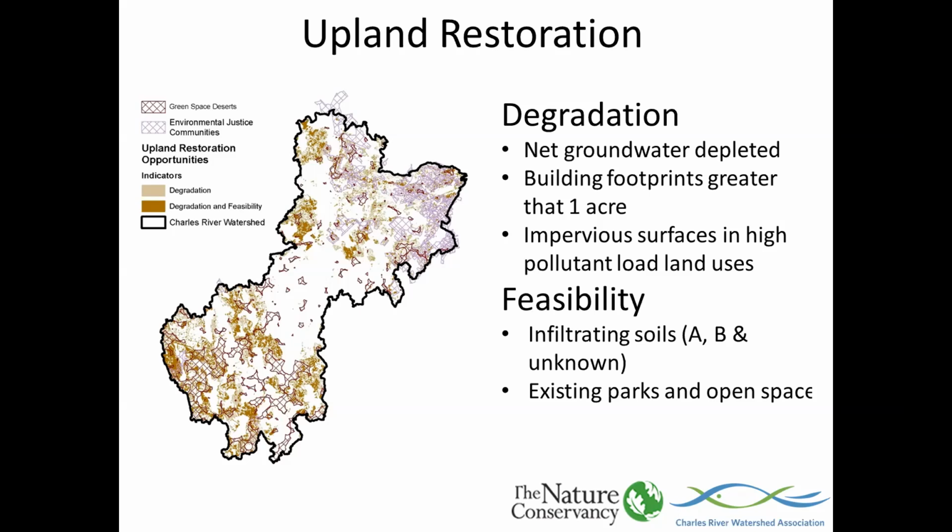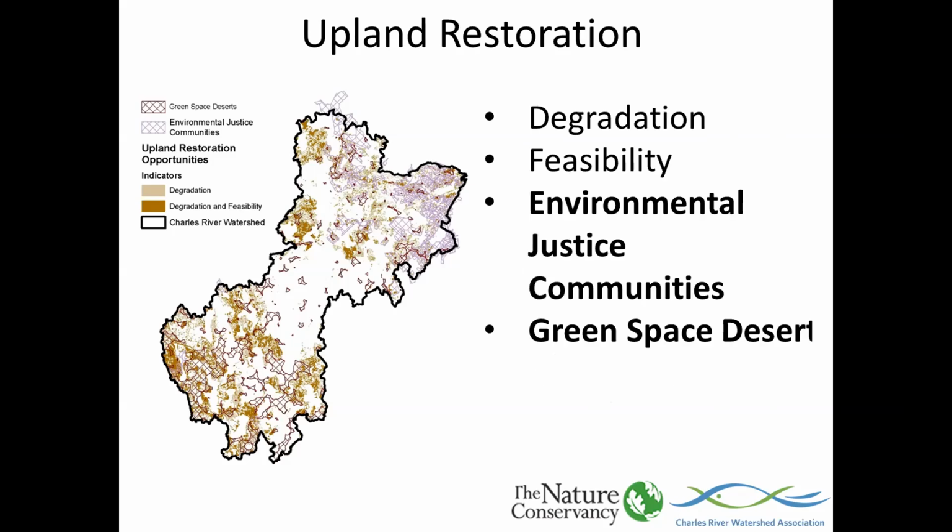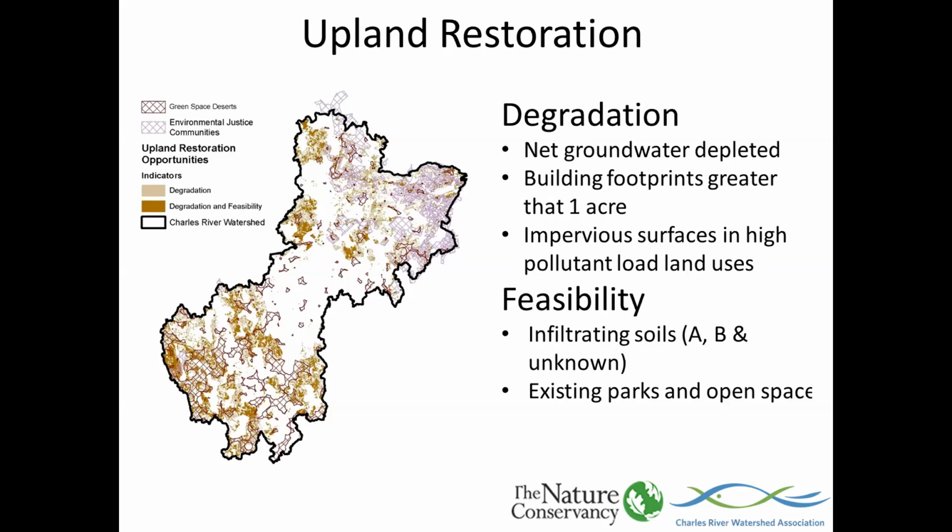This is helpful if you're just not really sure where to start with your upland restoration, or, as you'll hear from Jessica, in the statewide tool it's actually being called Stormwater Restoration. This can maybe help you find some first priority spots. I should say, we have existing parks and open space in the feasibility layer.